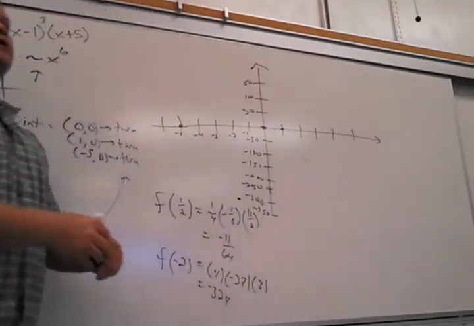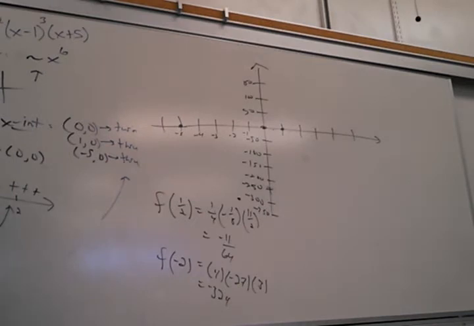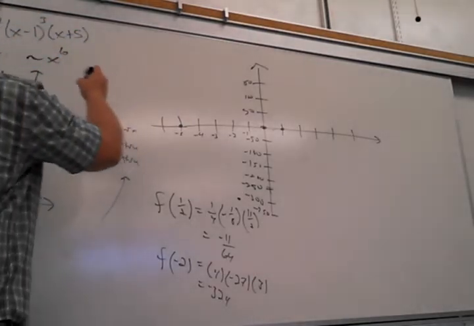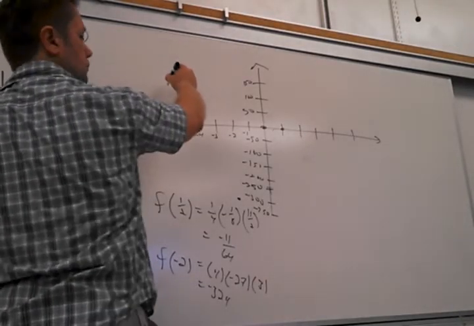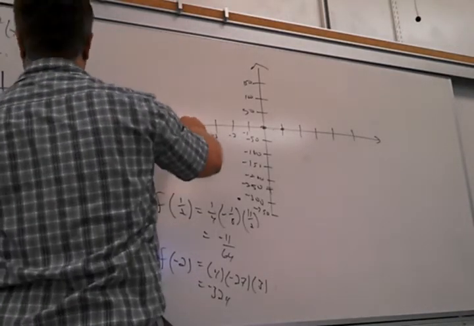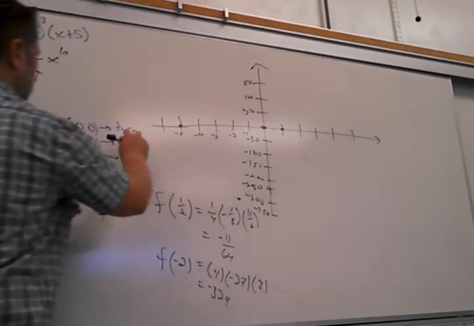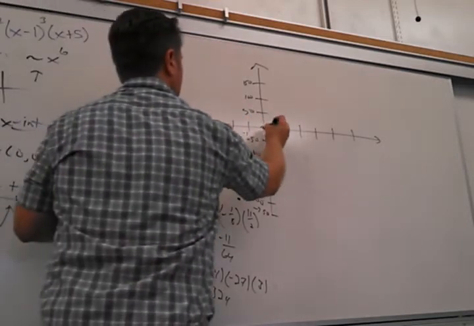And you can kind of overstate it a little bit because we're doing this by hand, to make it possible to draw it. So now you just come in. The end behavior starts you off. So I know I'm going to come in from here, right? And you can even label this if you want to. Remember, it's turning at 0, 0.